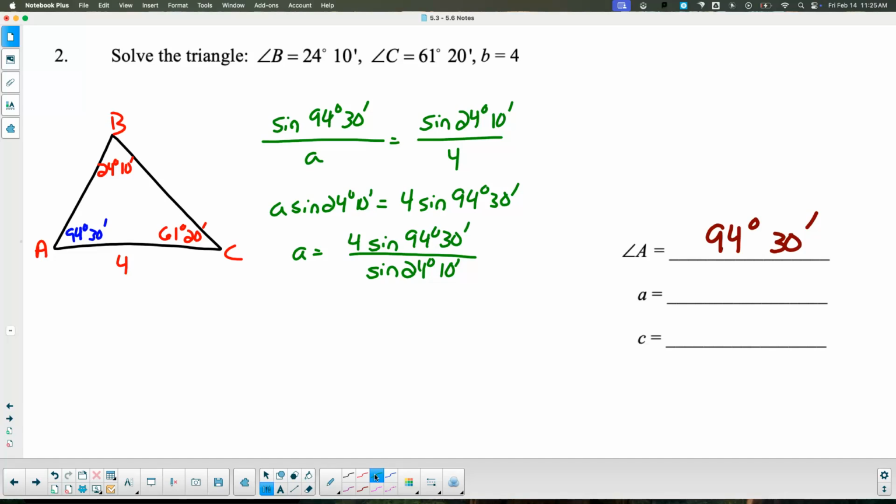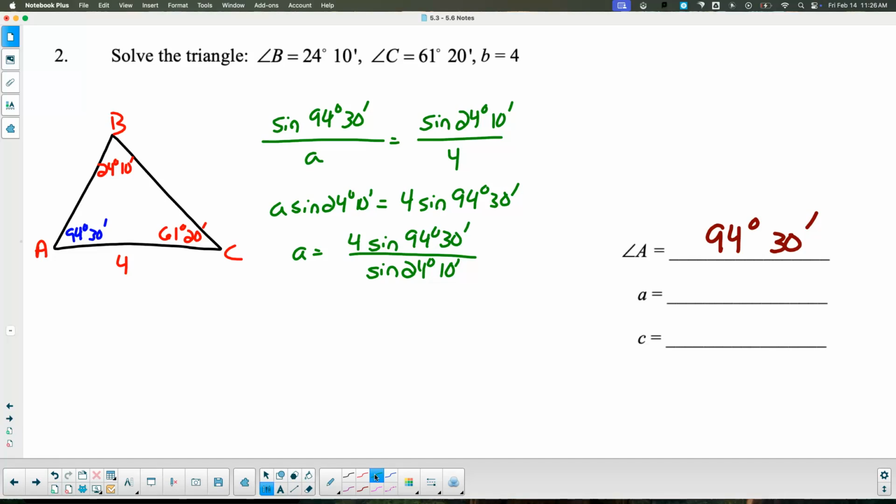So 4 sine of 94 degrees 30 minutes divided by the sine of 24 degrees 10 minutes.